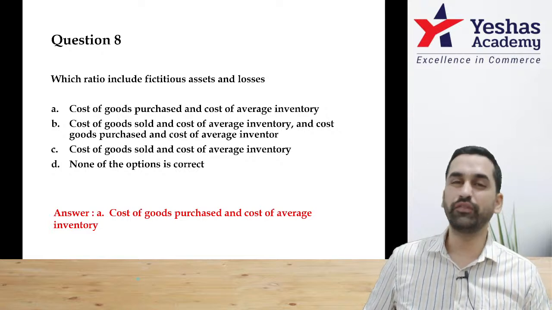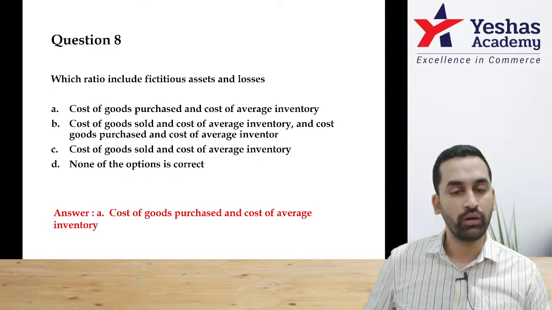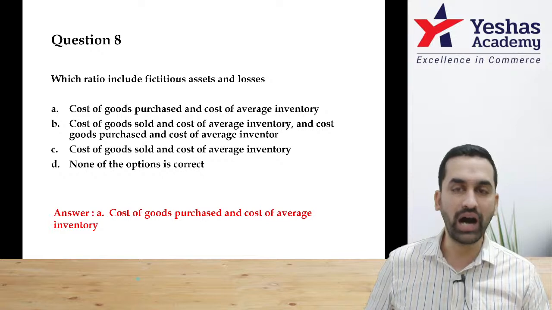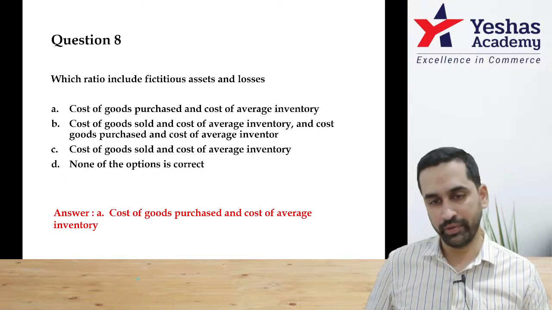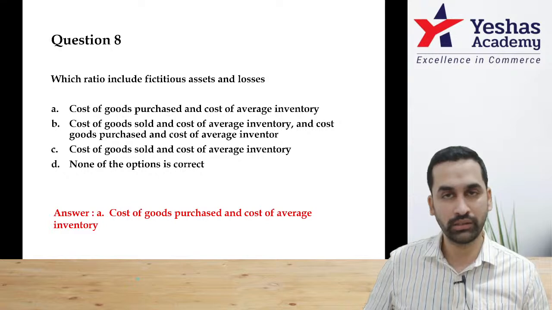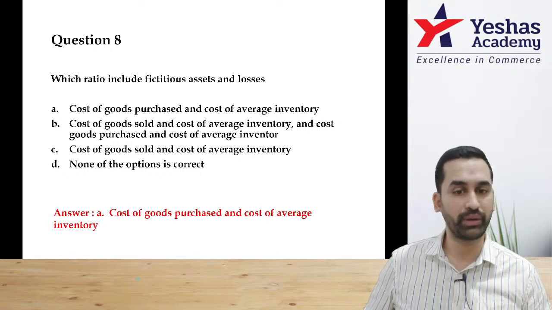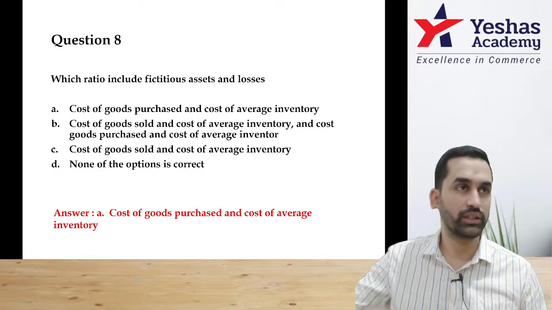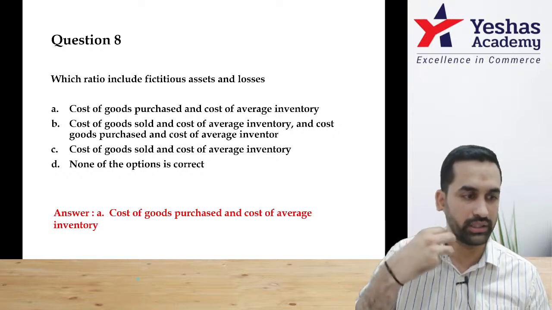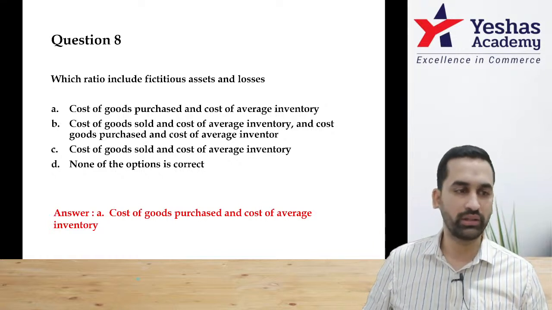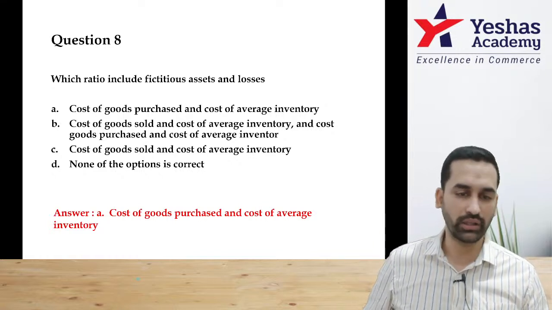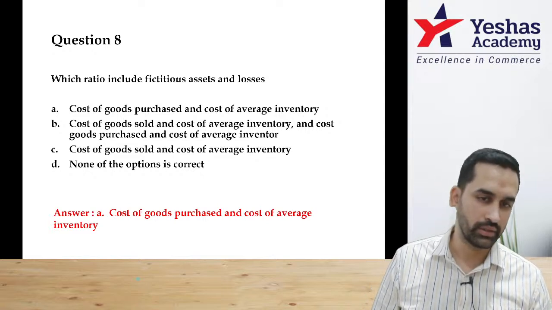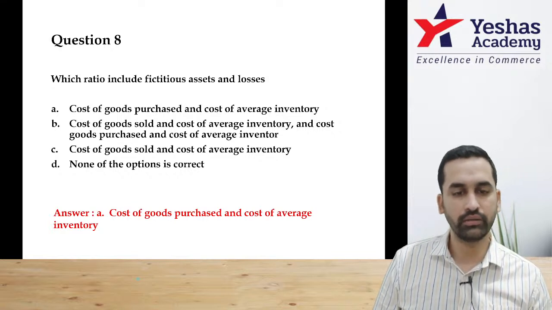In fact, the question itself is not very clear in terms of what they are trying to ask, but in the exam we don't have a choice. We have to see which is the most appropriate answer. Therefore, if I count carrying cost as a fictitious loss, because there is no money going out, from accounting logic, then it is purchase and average inventory. It is not based on sales. Therefore, option A is the final answer.